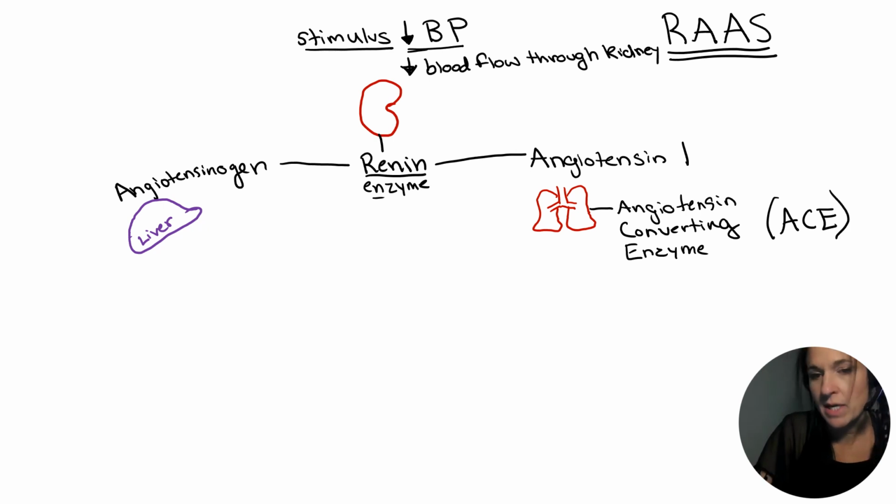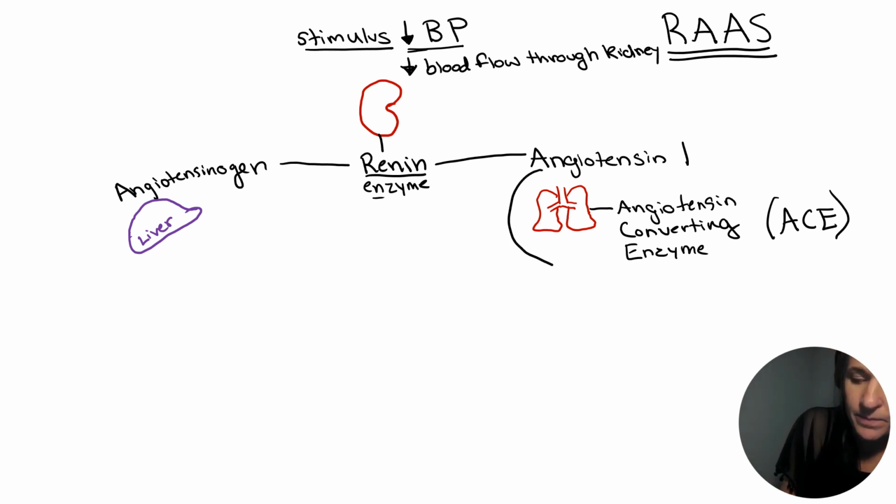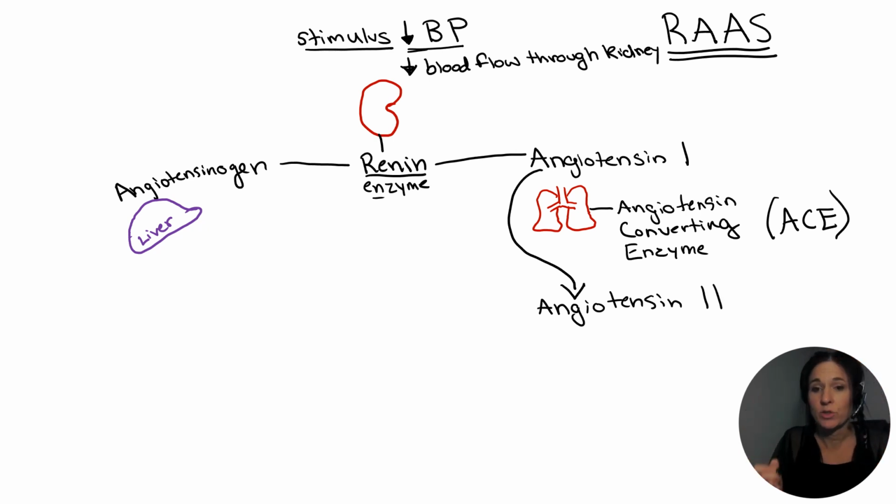Based off its name, we can make an educated guess that it's going to convert angiotensin. Angiotensin converting enzyme is going to convert angiotensin 1 into angiotensin 2. Now, angiotensin 2 is going to have a number of effects to increase blood pressure.